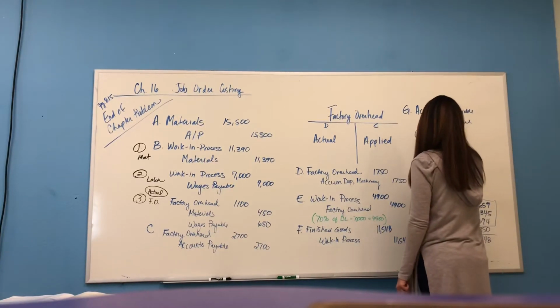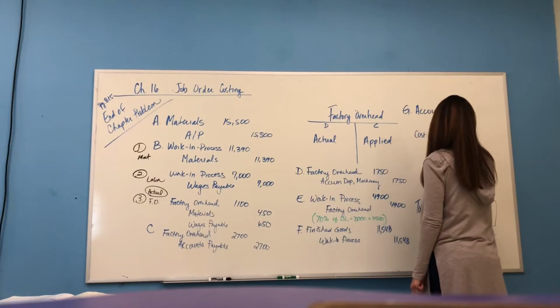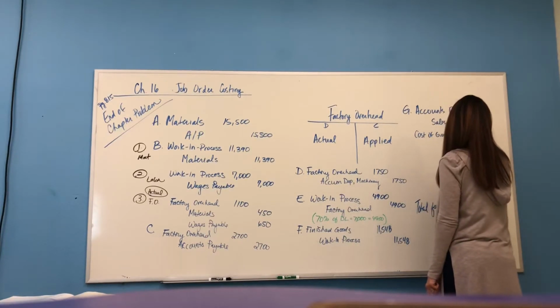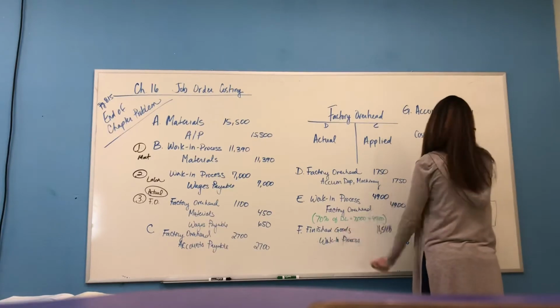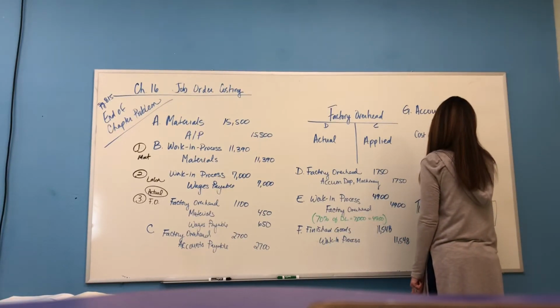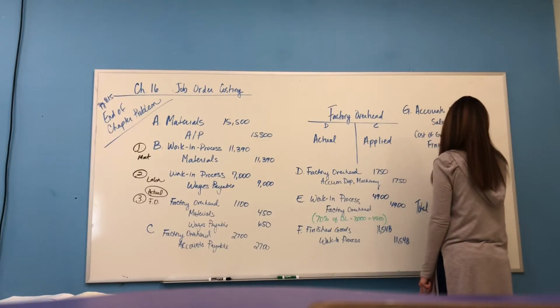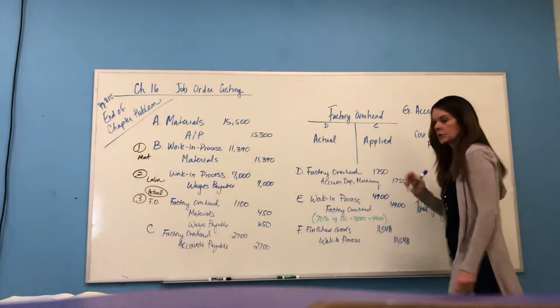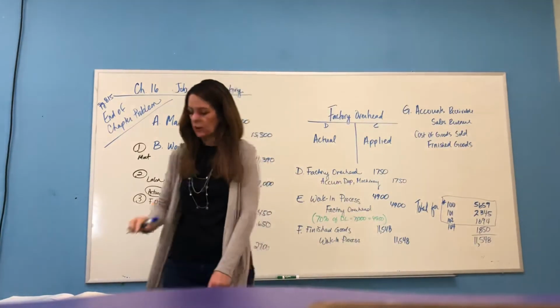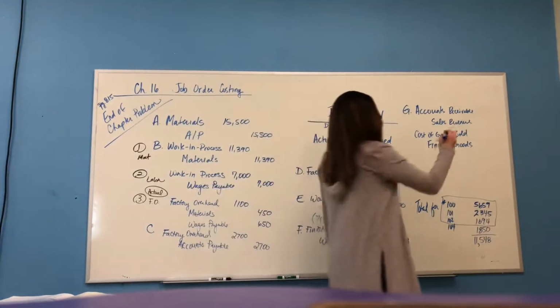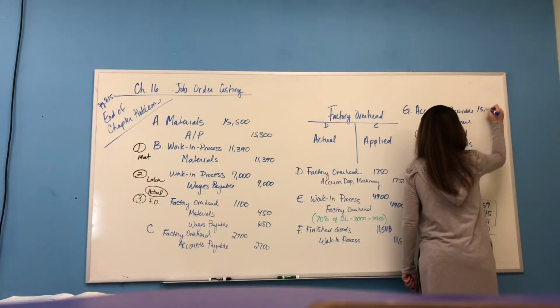I'm going to debit cost of goods sold, and I'm going to credit finished goods. All right, so the 3 numbers of sales totaled 15,400. So I'm going to put that here, 15,400.